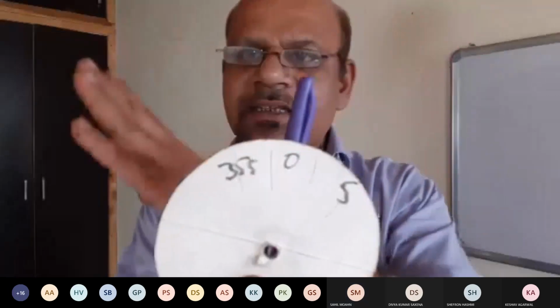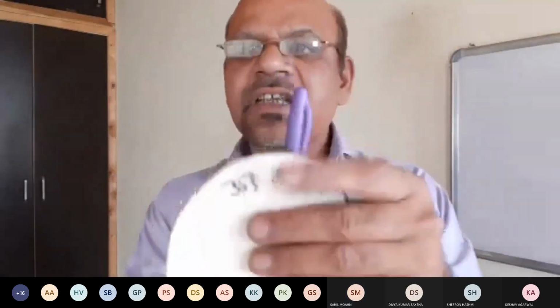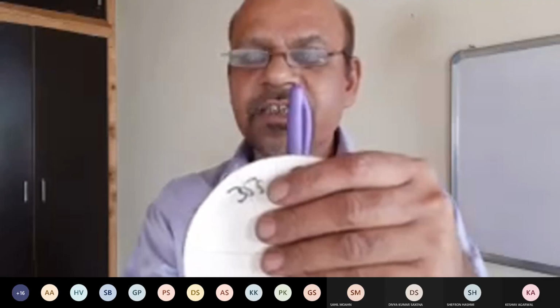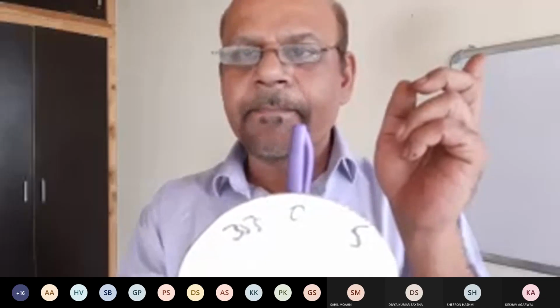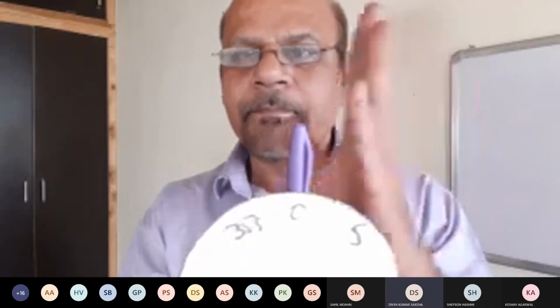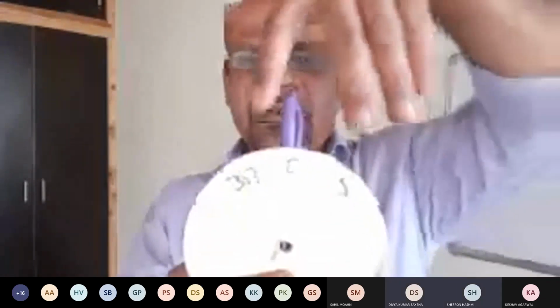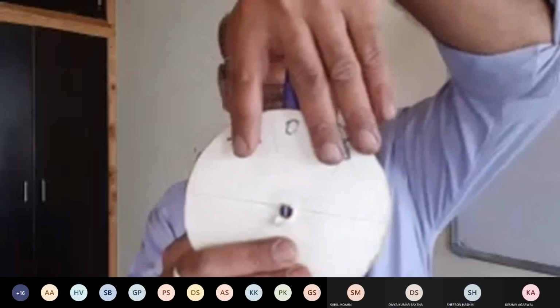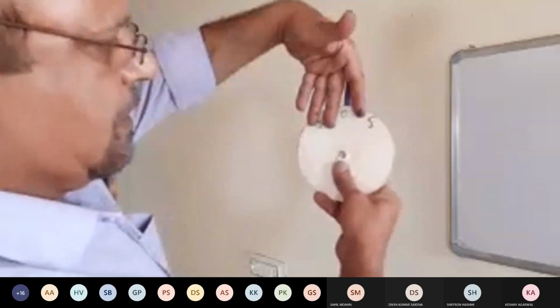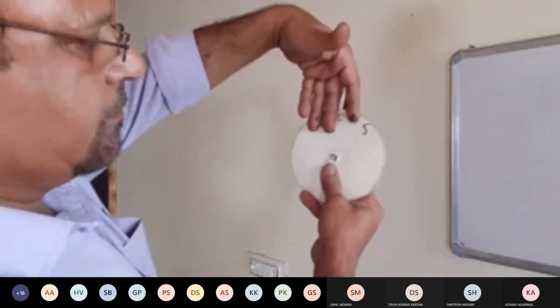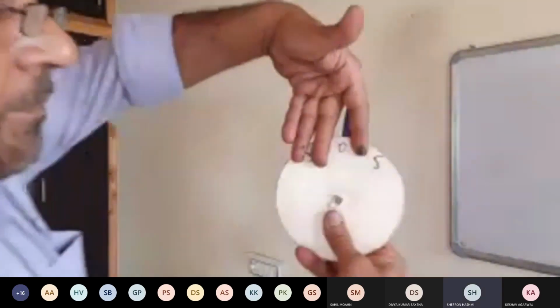Now easterly error will be this side or this side? अगर ईस्टर्ली एरर है, spin axis is changing over to the east side, so this side or this side, आपकी तरफ से ईस्ट कौन सा पड़ेगा? Right side, sir. Right. Okay, so now you are reading like this. नहीं, मुझको ऐसे दिखाना पड़ेगा, नहीं तो आपकी तरफ से ऐसे करके दिखाएंगे तब होए. This side is east, correct? Yes, sir.